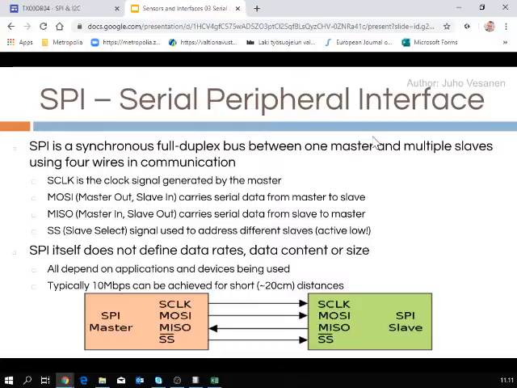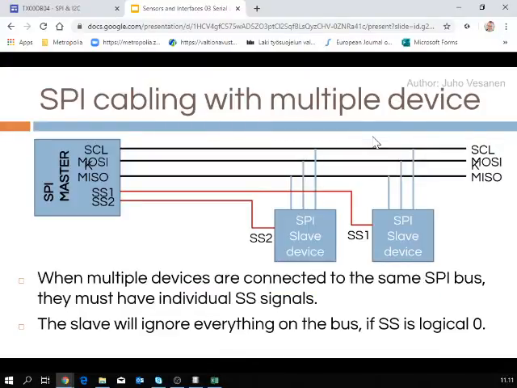So this is the favorite choice of memory buses. If you have a serial interface on memory, it will most probably be SPI. An example of that would be those SD cards. An SD card has an SPI bus to access the memory.